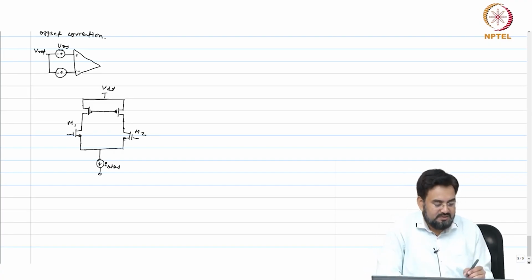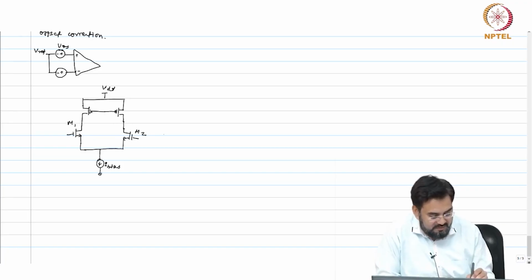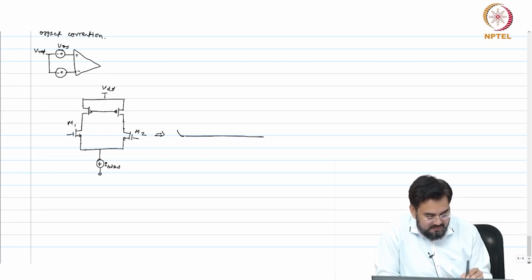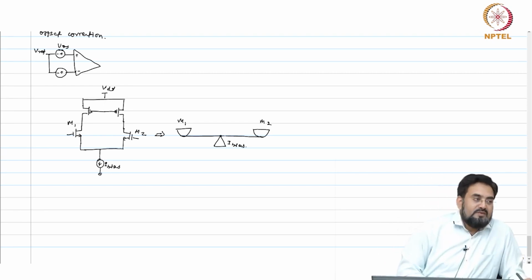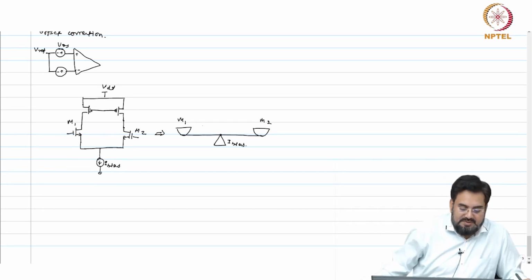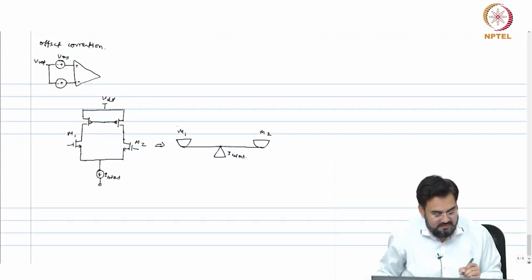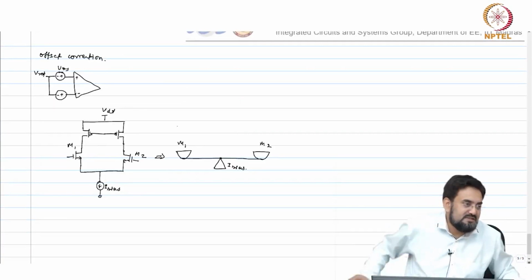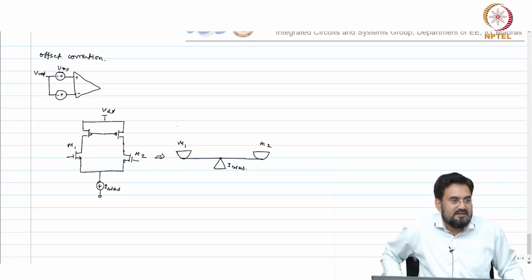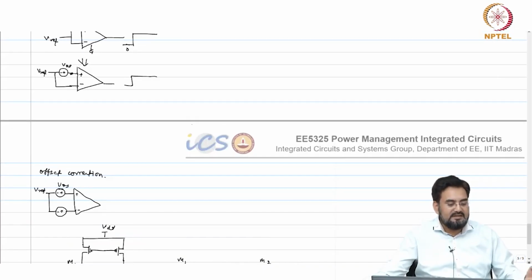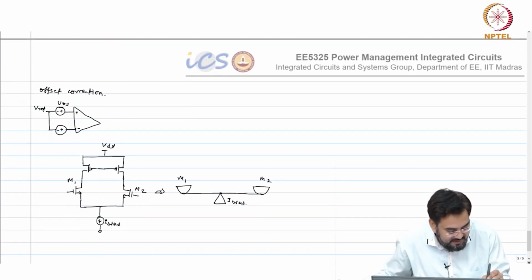You can very well relate this to your balance actually. You can call it M1, M2, and this is your I bias, this center. So I have to either change the size of M1 or M2 to increase the weight, or add current in the output.